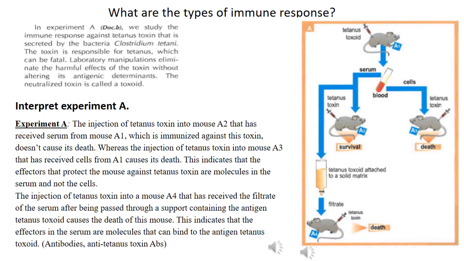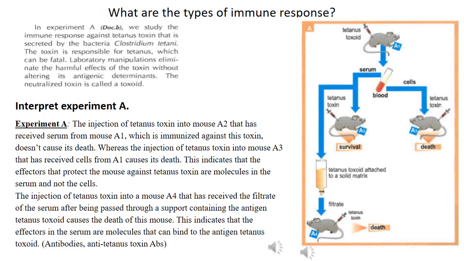Then the serum of mouse A1, if we go back to the top of the experiment, contains antibodies against tetanus toxoid. These antibodies are produced by the mouse A1. Then the mouse A1 fights tetanus toxin through secreting antibodies in the serum against this tetanus toxoid.